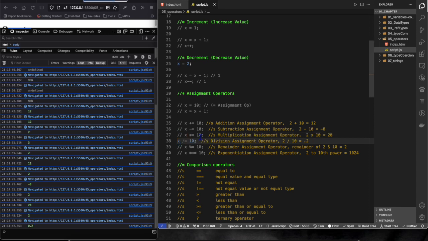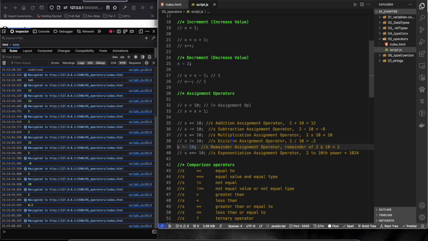Now we have our division assignment operator. X slash equals 10 will break down to 2 divided by 10, and that'll equal 0.2.